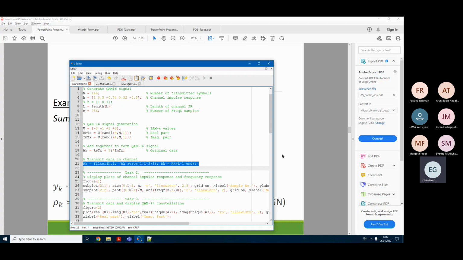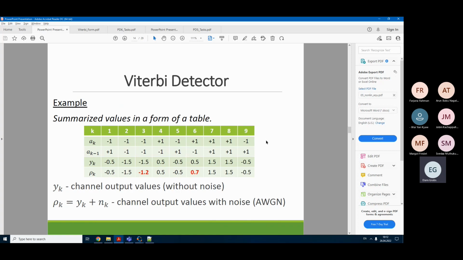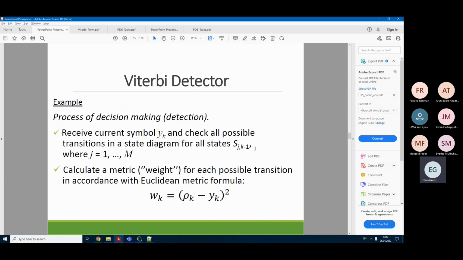So what matters the most, and where the Viterbi algorithm starts working, is the next step, when we start to make the decision of what the received symbol is, is it +1 or is it -1? And it will turn out that we will need some time to make this decision. It is impossible to take this decision at once.